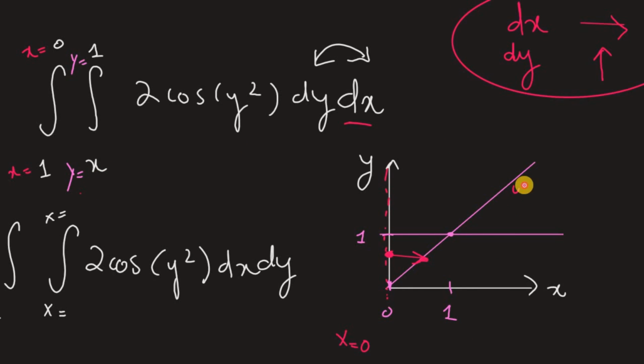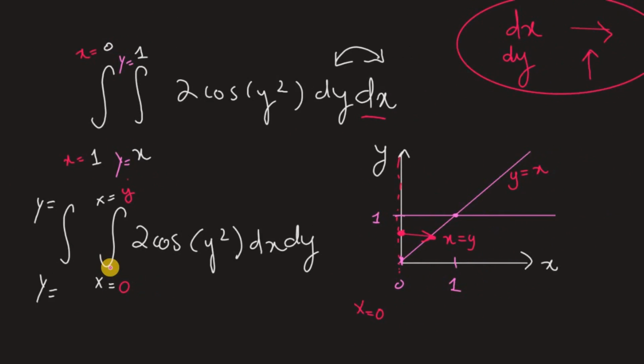So the equation of this line is y equals x, but you cannot write here y equals x. You need this equation in terms of x. Since y equals x, the equation of the line in terms of x will be simply x equals y. This is the lower limit and this is the upper limit. So x goes from 0 to x equals y.